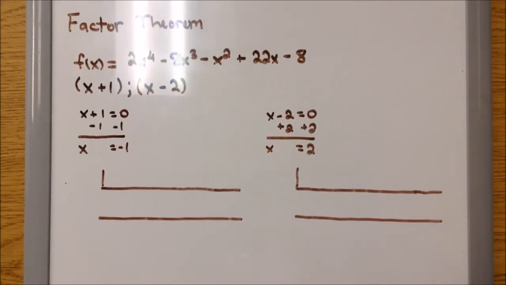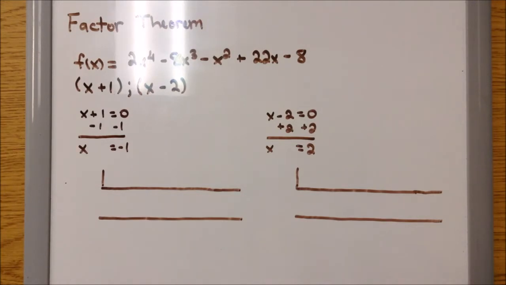Alright, so this section we're going to go over factor theorem. And factor theorem is going to involve using synthetic division. So the main idea or the concept of factor theorem is: is one of the factors, meaning the divisors, a factor?